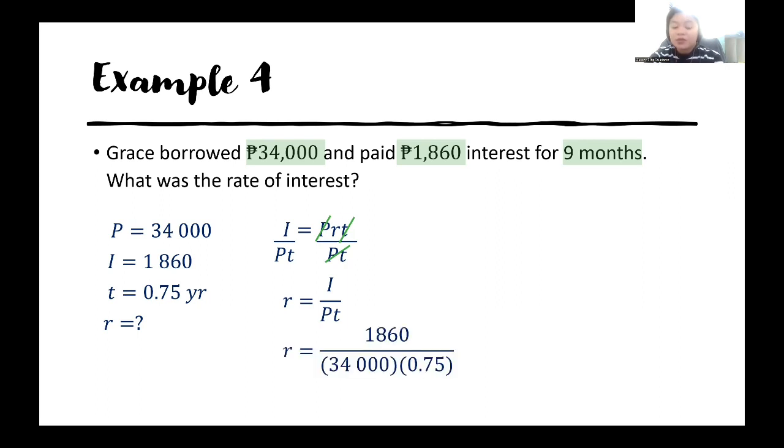Substitute the values, and then enter it in your calculator. The answer would be 0.0729, or 7.29%. Notice the difference between the decimal form of the rate and the percent form of the rate.